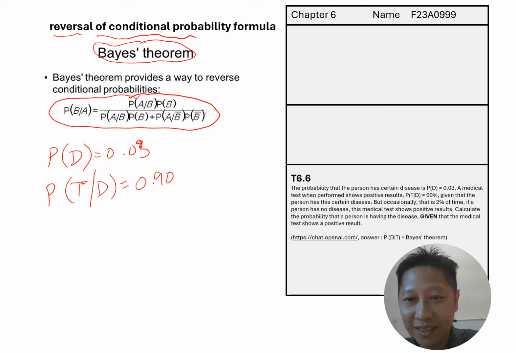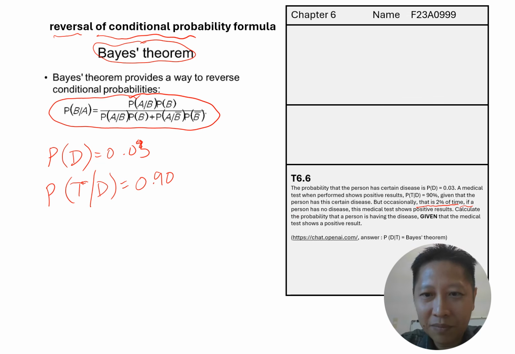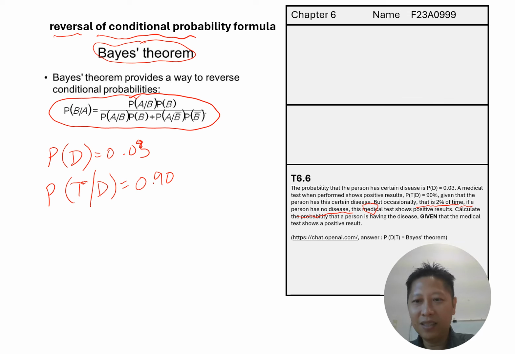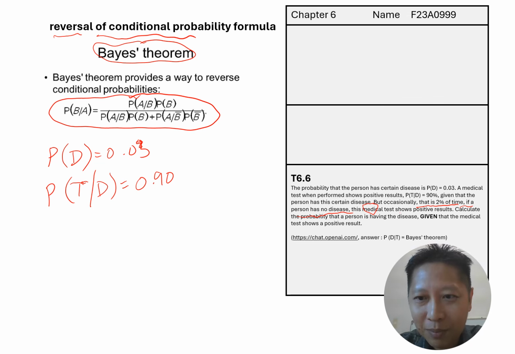you got this disease. Next, occasionally, that is 2% of the time, if a person has no disease, let's say somebody goes to the clinic and says, I want to test this disease, can you try? Even though this person is clean, no disease, the medical test will show a positive result.